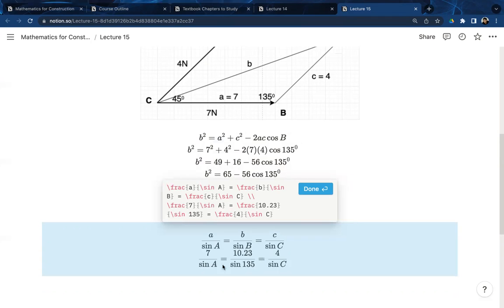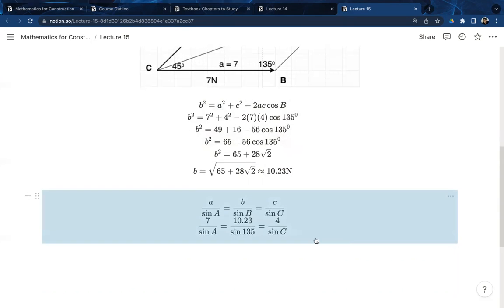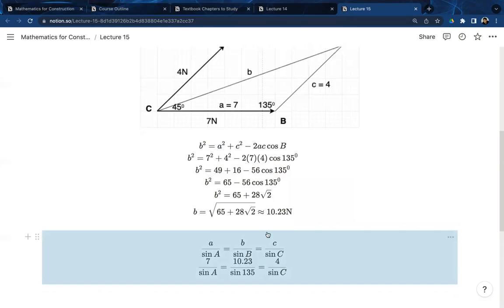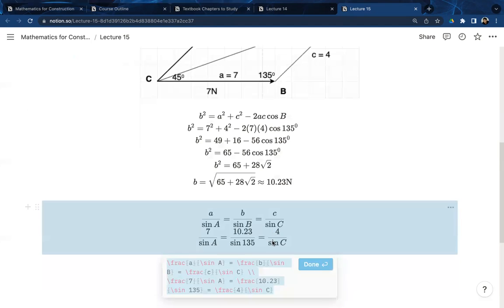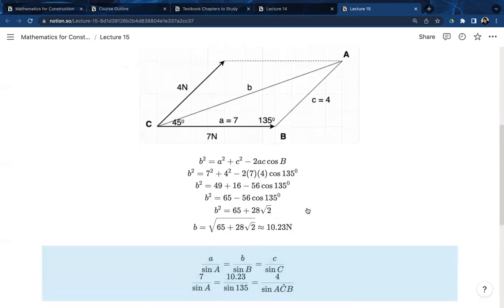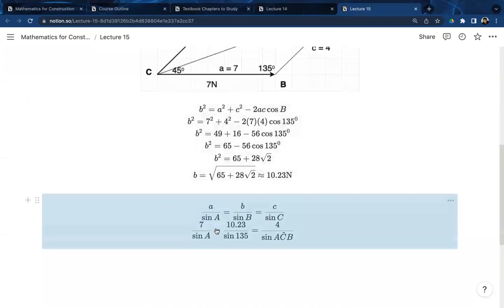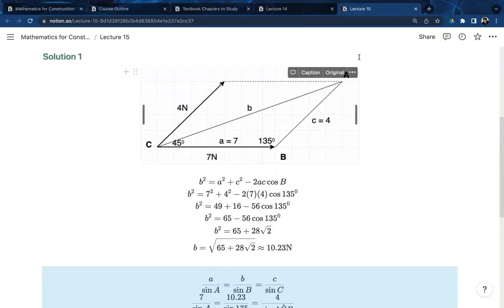We can't say A because the angle at A is this entire angle here. So we have to be careful. So 4 over sine ACB, and this is 7. So 4 over that is b over sine 135, which is equal to 7 over sine CAB.